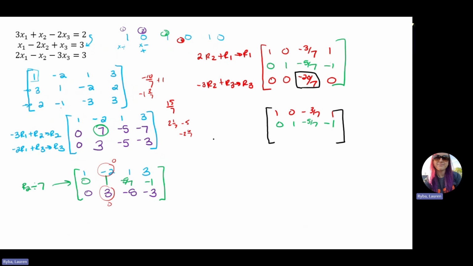The bottom, I'm going to multiply by the reciprocal. So take row 3 times -7/20. Multiplying by 0 doesn't change those. That's going to turn into 1, and multiplying by 0 is still going to keep that 0.